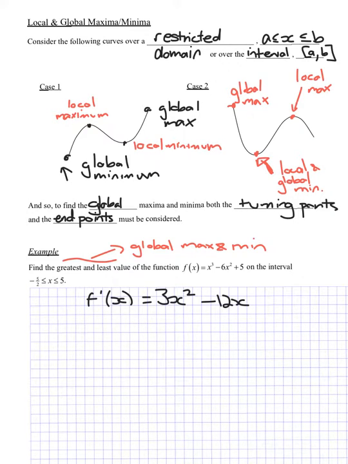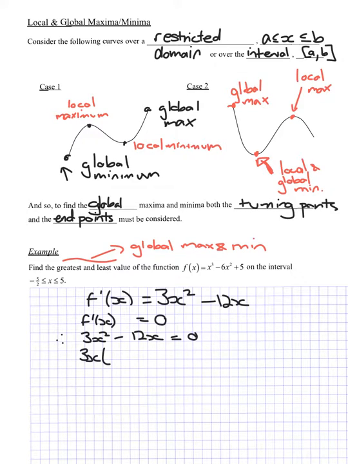Now, I'm actually going to factorize that. But actually, I won't factorize it yet. I'm going to find when f'(x) equals 0, that means that 3x squared take 12x equals 0. Correct? So let's factorize. That's going to give me 3x bracket what?